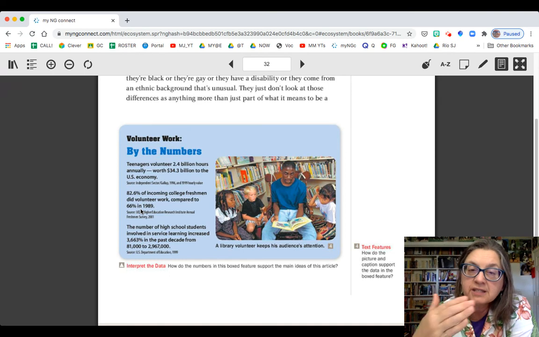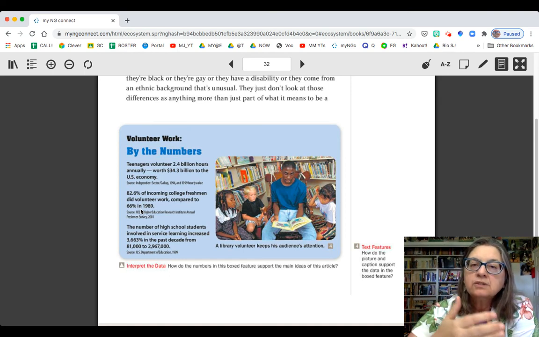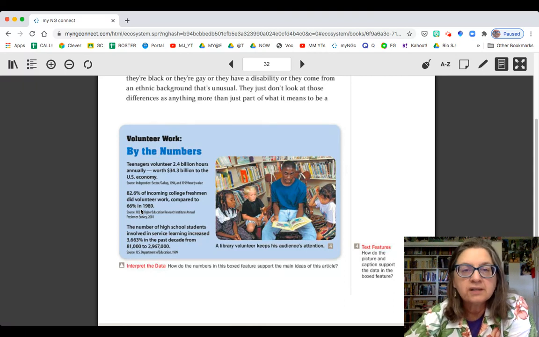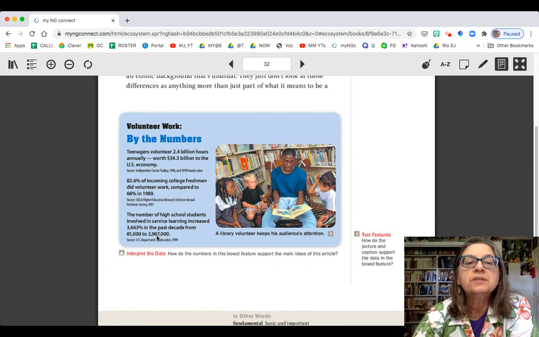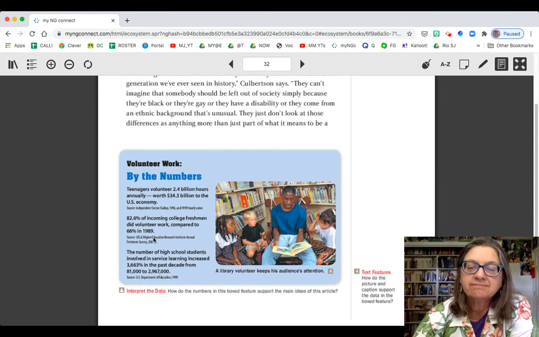So it looks like it's becoming a trend. It's becoming very natural to volunteer and help others out. The number of high school students involved in service learning increased 3,633% in the past decade. So it went from 81,000 to almost 3 million. It increased a lot.